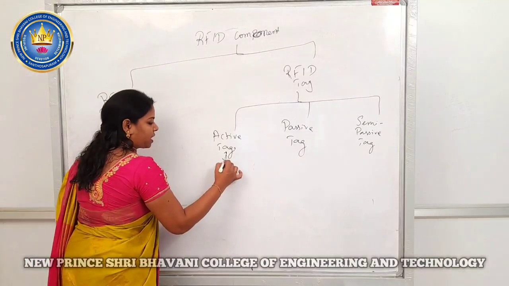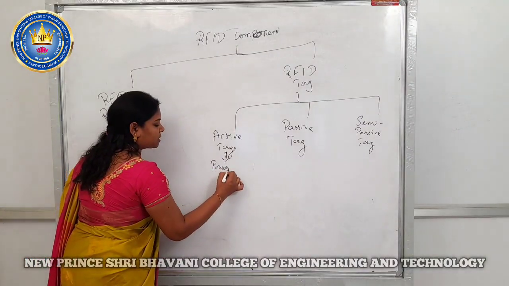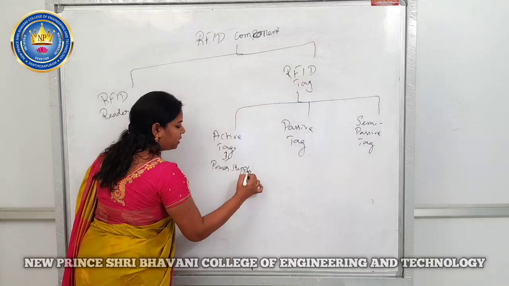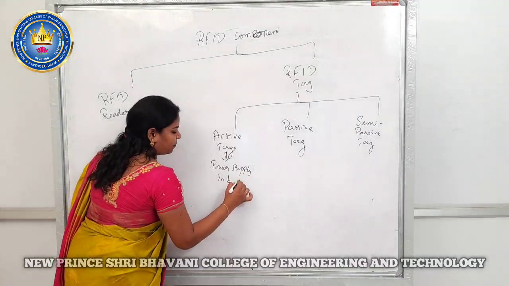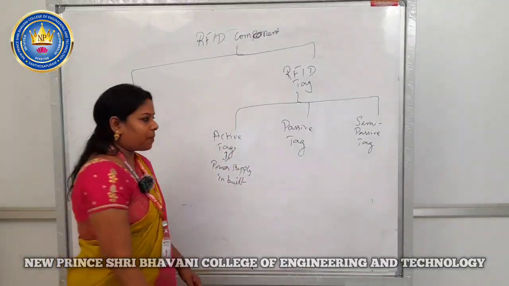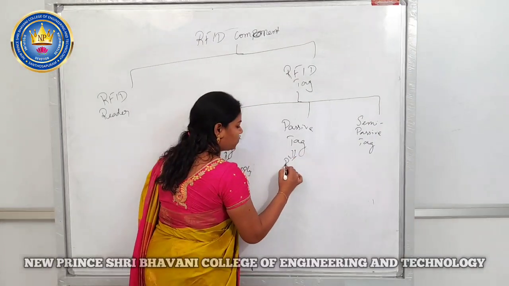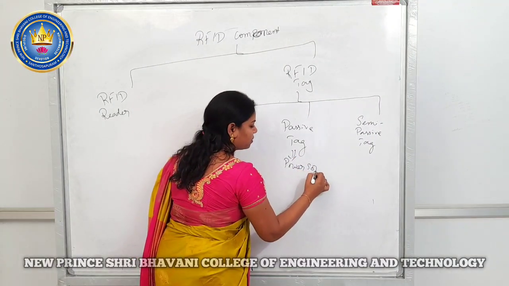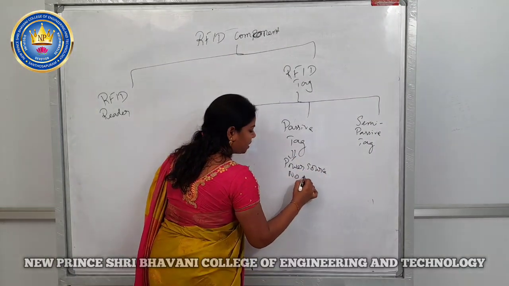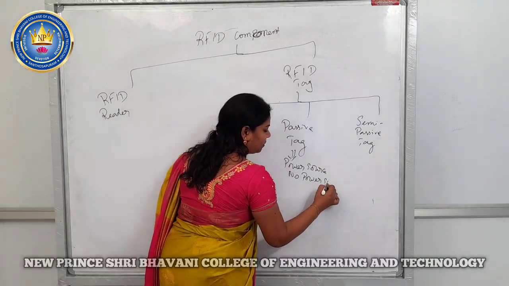In the active tag, the power supply is inbuilt within the tag. Whereas in the passive tag, the power source is external. There is no power supply within the tag.